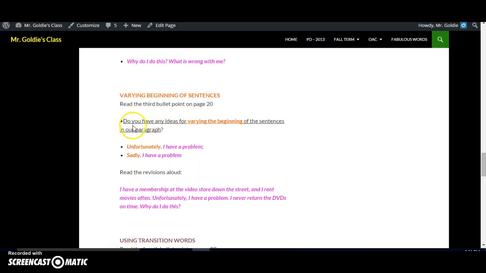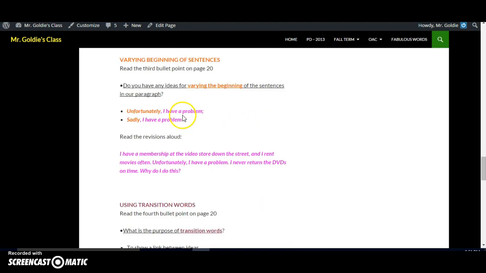Here we go. Do you have any ideas for varying the beginning of the sentences in our paragraph? You could say, unfortunately, I have a problem, or sadly, I have a problem. So here are the revisions. I have a membership at the video store down the street, and I rent movies often. Compound sentence.